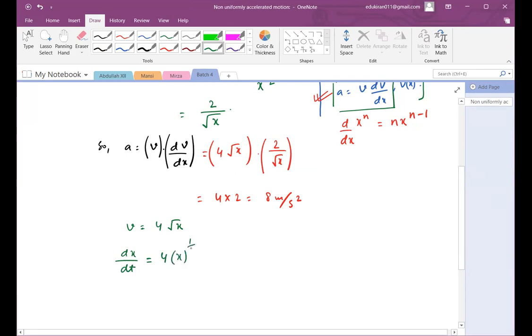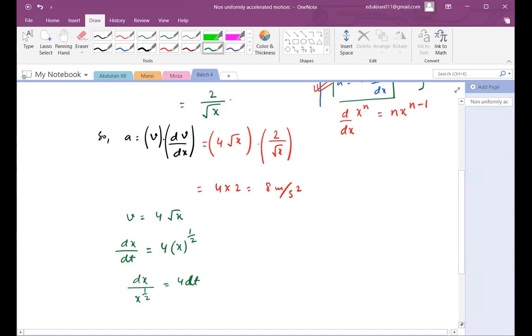Root x in terms of exponent can be written like this. Now, dx is on the left-hand side and we have x on the right-hand side. So move this term to the left-hand side and dt to the other side, and you will get dx divided by x raised to half equals 4 times dt.